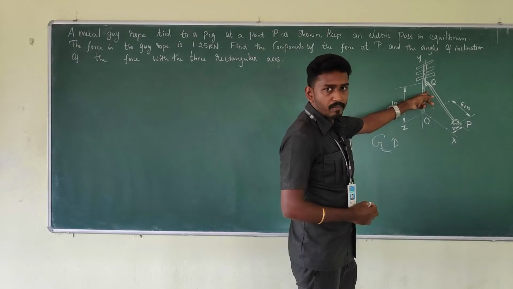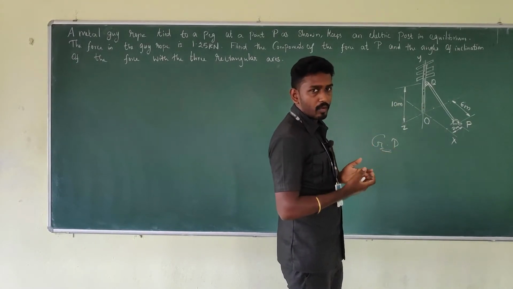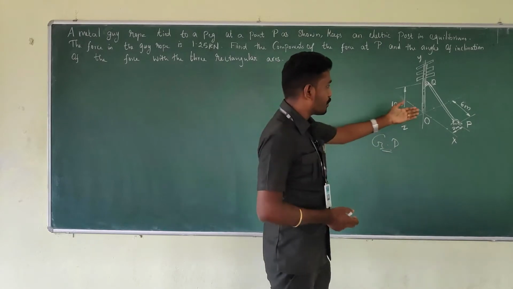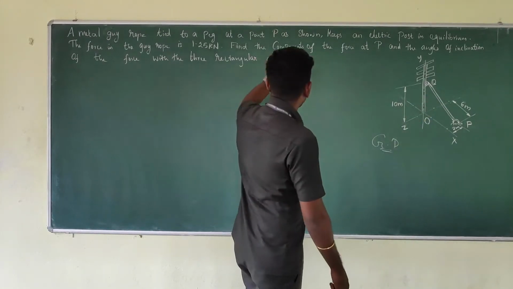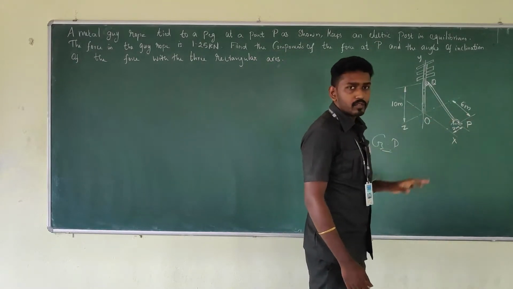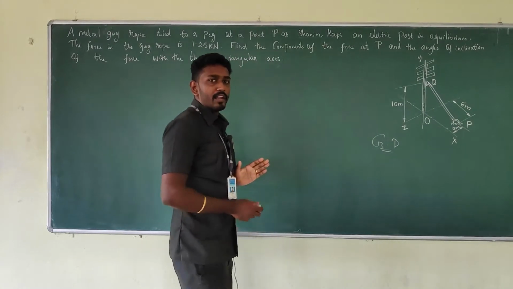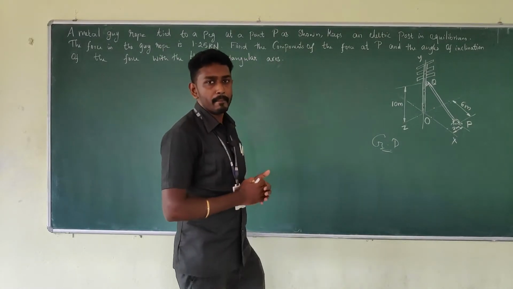We are familiar now that whenever there is a rope tied between two objects, there will be a force called a tension force. This force component is taken at P from here. When you are considering a point, the tension force will always act away from the point.